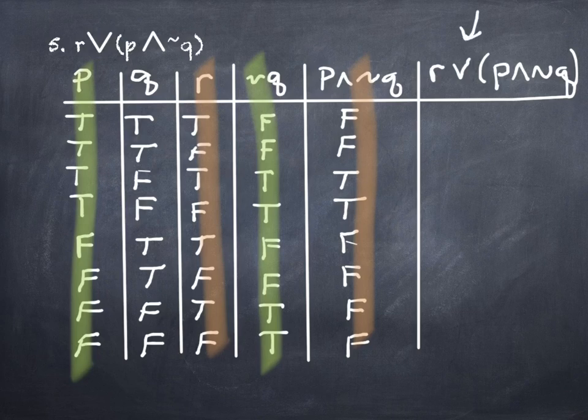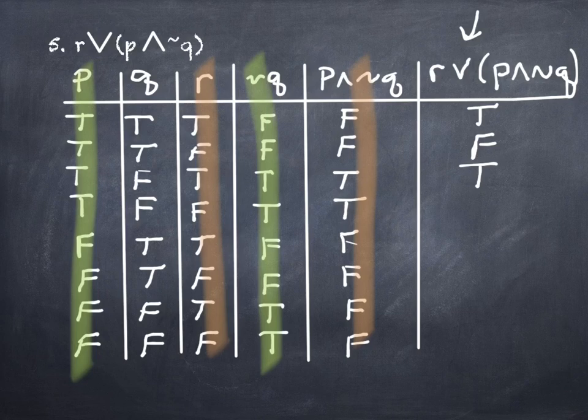So when do you have true on an OR statement? Yes, so if we've got true at all, it's true. My first row says true underneath R and false underneath P and tilde Q. That's true. My second row says false and false, which would then be false. My third row shows true and true, which is true.